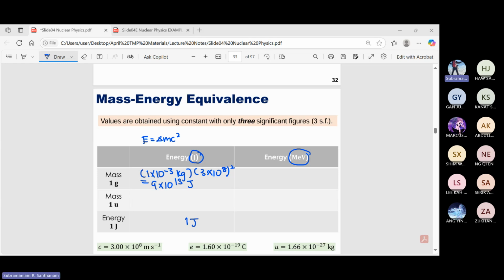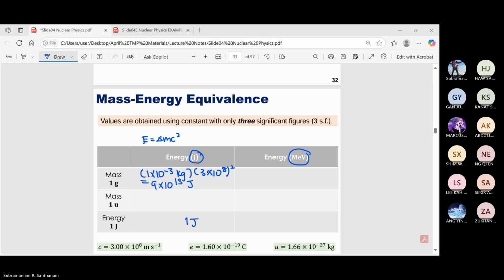If I were to change this to MeV, then 1.6 times 10 power of minus 19 divided by 1.6 times 10 power of minus 19, and then you have your times 10 power of 6 mega.